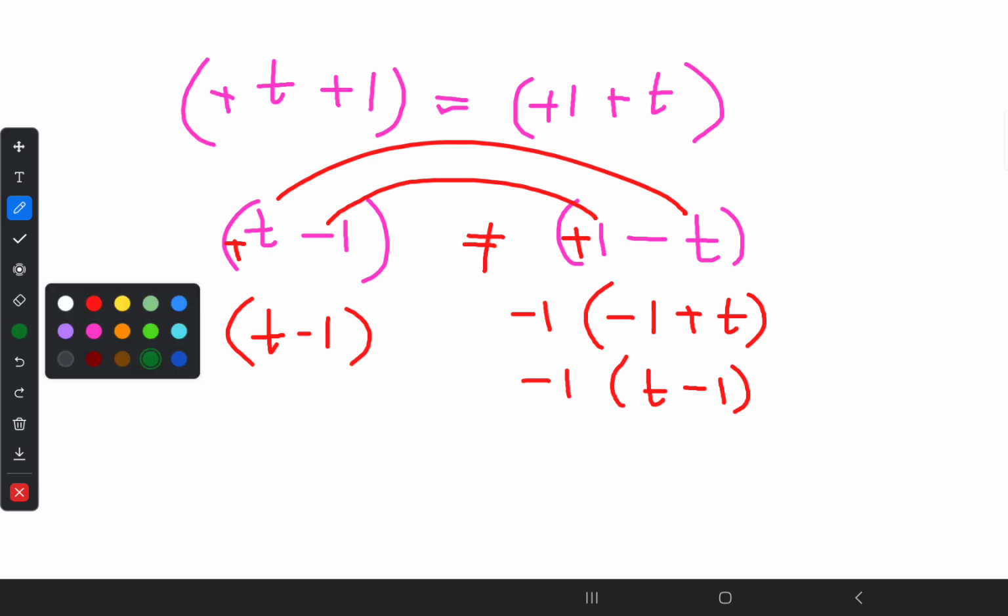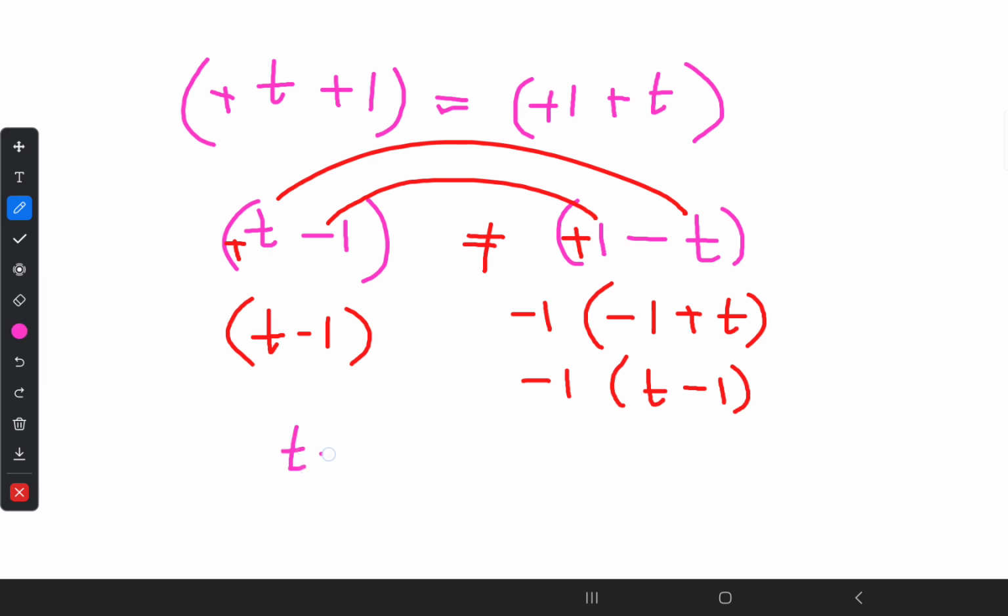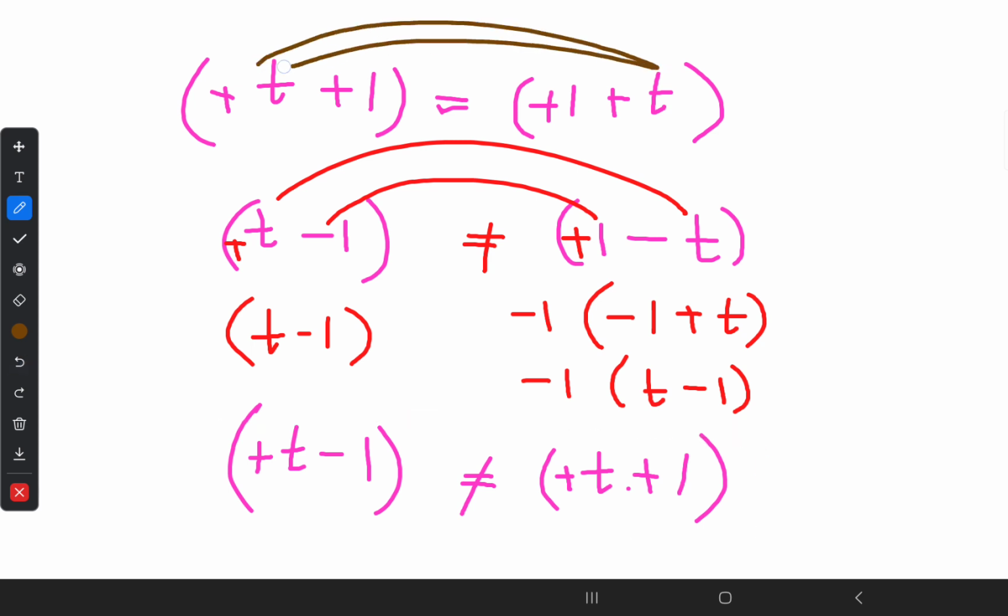Next, one more type, t minus 1 and t plus 1. Look at this. Here, t is positive. Here also t is positive, but here 1 is negative, here 1 is positive. So these two are also not the same. We cannot change them either. Here you can directly write 1 plus t as t plus 1.